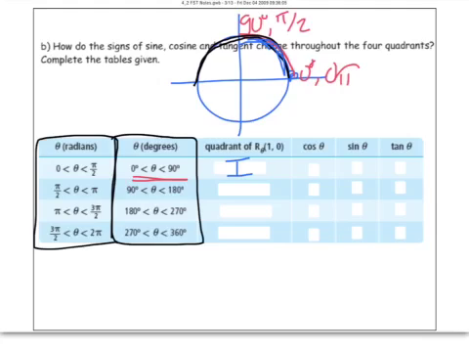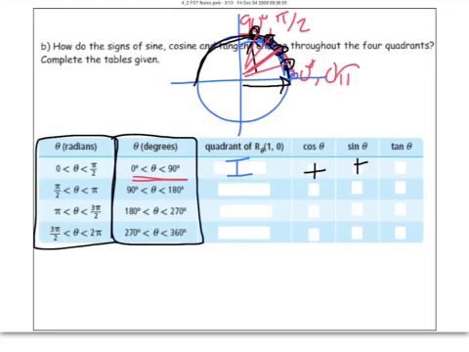The value of cosine, any ordered pair that sits on this arc, no matter where it is, since cosine is the x movement, I'm always going to have to move to the right. So the value of cosine has to be positive. To graph any of these ordered pairs, I then have to also move up. That up movement, the sign is positive. What's the slope of the line created by that angle movement? Well, if I move this angle, or this angle, or this angle, or this angle, they're all upward sloping lines.